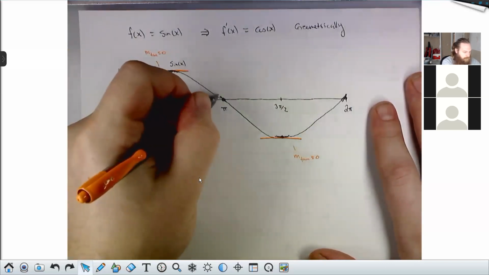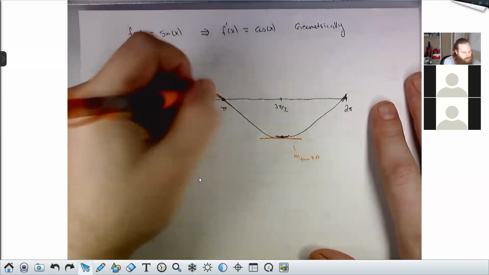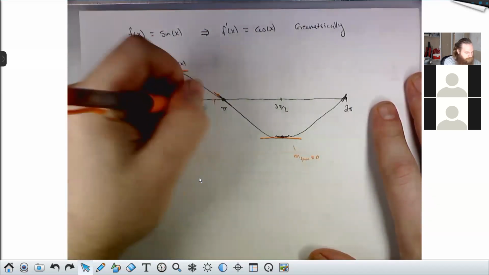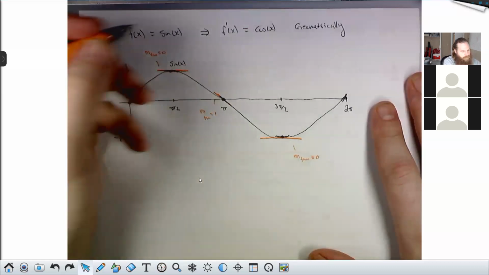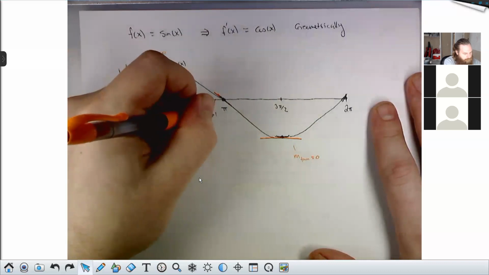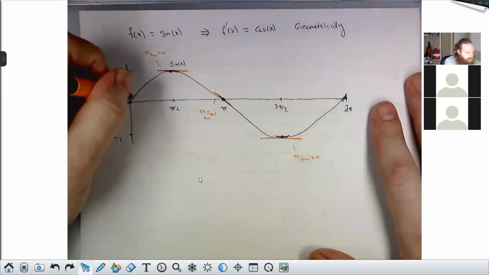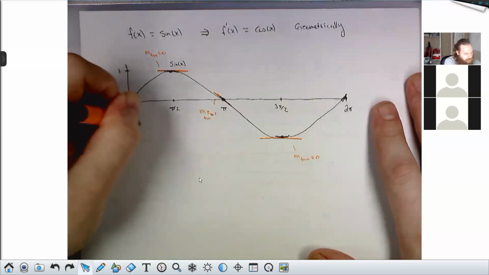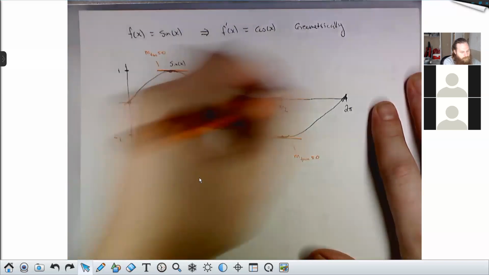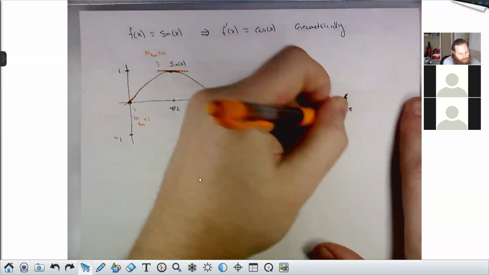Right in here, the tangent line appears to have slope 1. Sorry, -1. Over here, the tangent line appears to have slope +1. And over here, the tangent line appears to have slope +1.